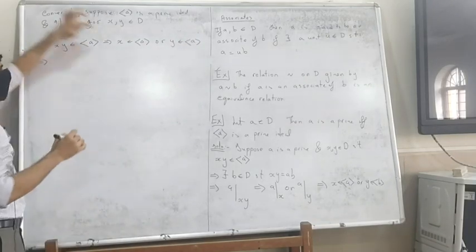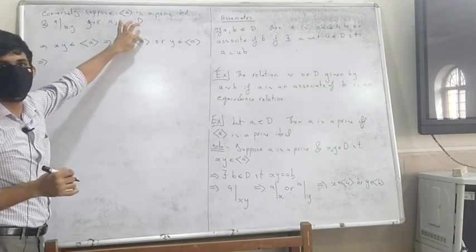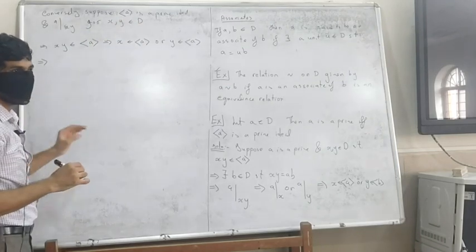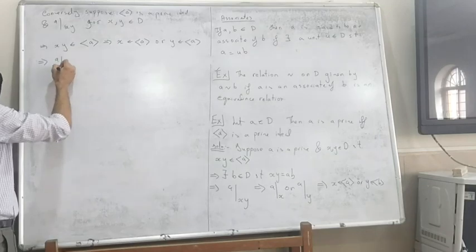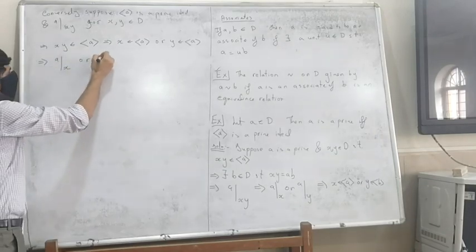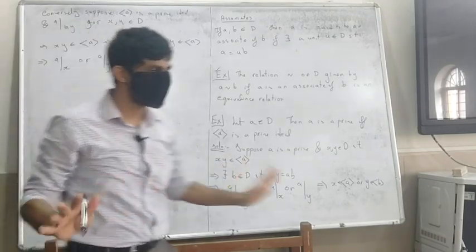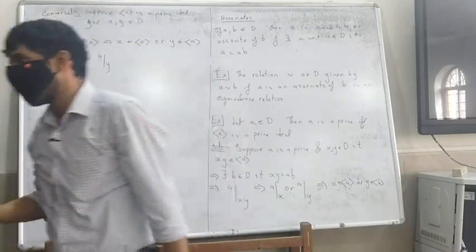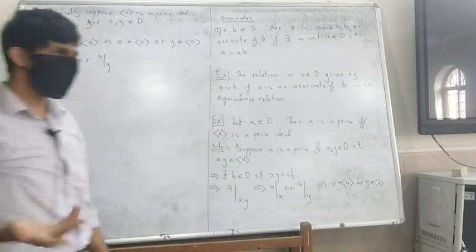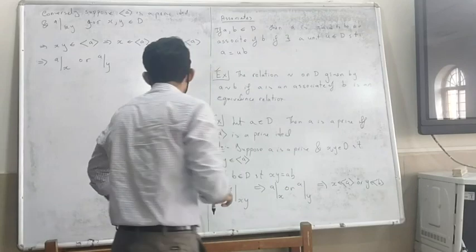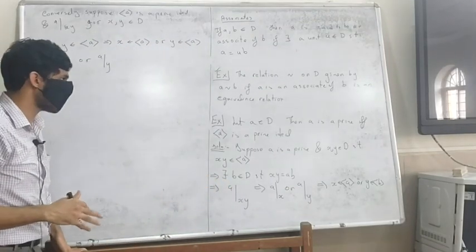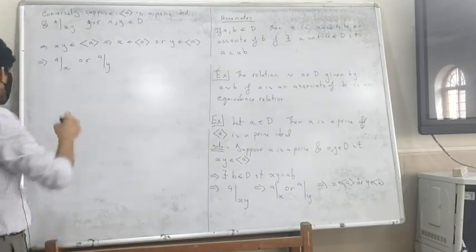What is the meaning of x is in (A)? In terms of division, what does it mean? It simply means that A divides x, that's simple enough. So an element is a prime if and only if the ideal generated by the element is a prime ideal. That gives you another definition for a prime element.